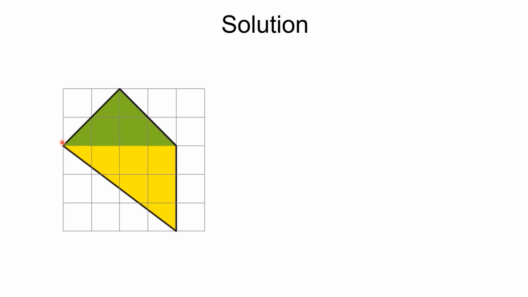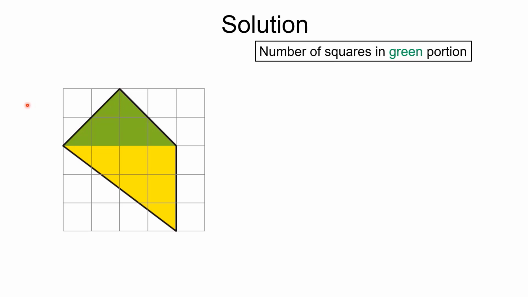This shape is divided into two portions, green portion and yellow portion. Let us count the number of squares in the green portion. First of all, we will count the number of full squares.